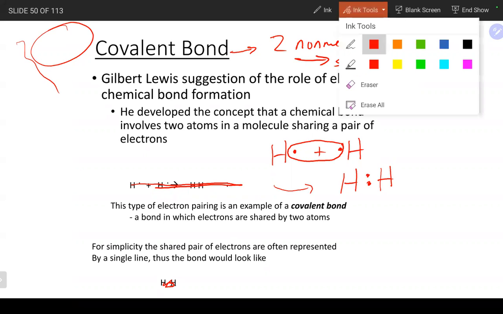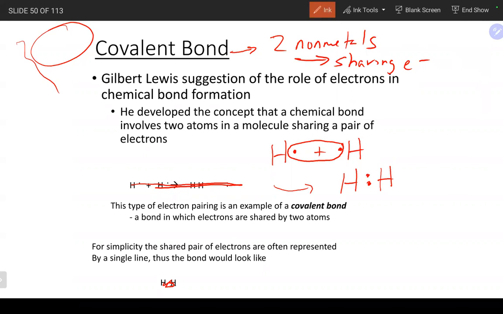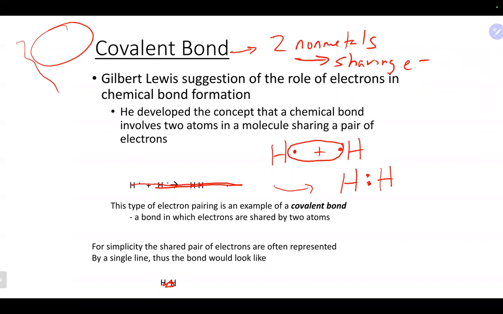So how does this benefit each of them? By sharing electrons. Those electrons that are in the middle count for the hydrogen on the right. And those electrons that are in the middle also count for the hydrogen on the left. So they count for both of them. And that means that technically speaking, by sharing electrons here, each of the hydrogens has two electrons.